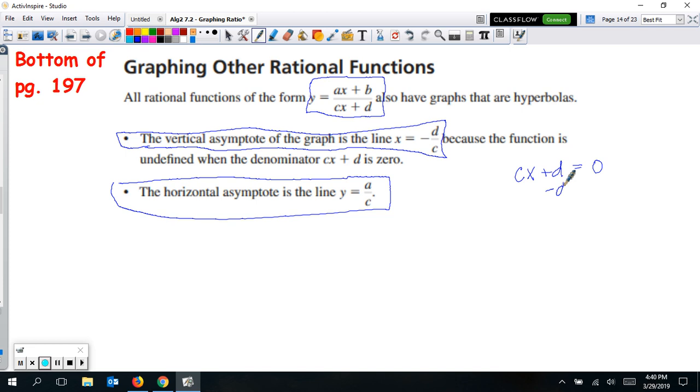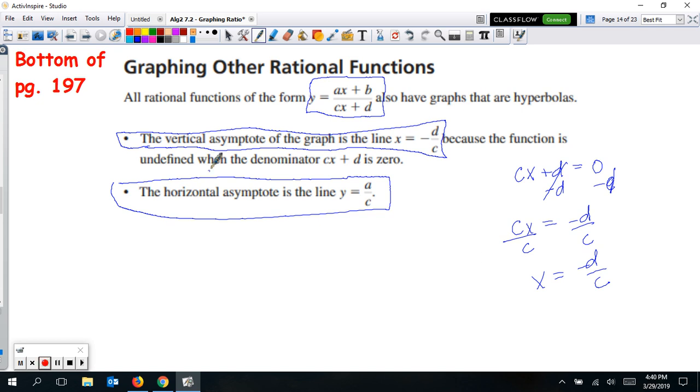Because you would subtract d from both sides, and now you get cx is equal to negative d, and then you just divide by c, and so now you get x is equal to negative d over c. So basically whatever you have at the bottom here, you can just set it equal to 0. Solve for x, and that will give you your vertical asymptote.